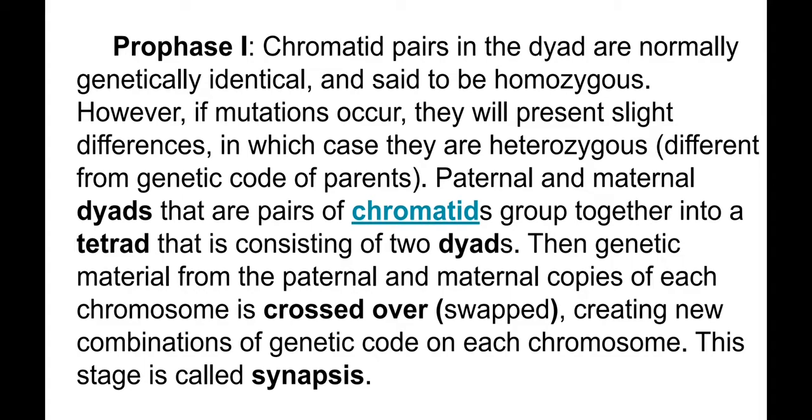Paternal and maternal dyads, that are pairs of chromatids, group together into a tetrad, which consists of two dyads. Then genetic material from the paternal and maternal copies of each chromosome is crossed over, creating a new combination of genetic code on each chromosome. This stage is called synapsis.